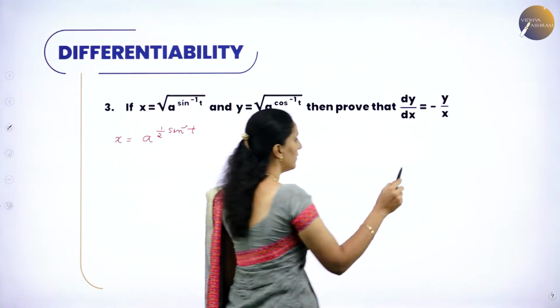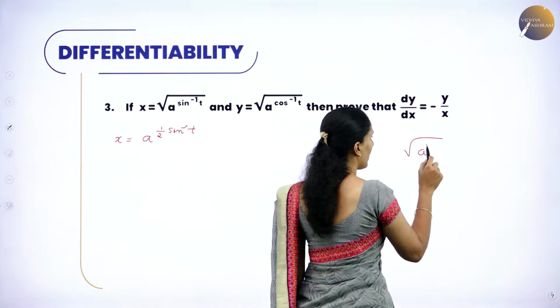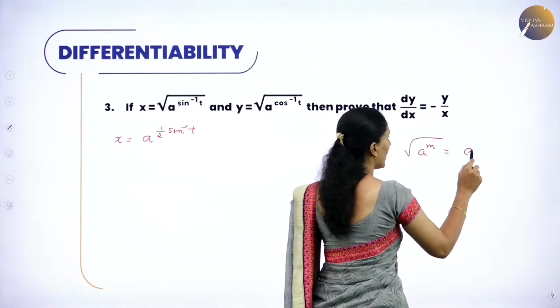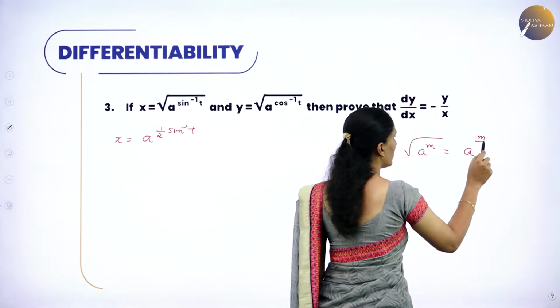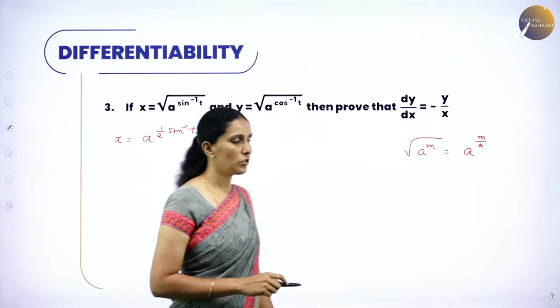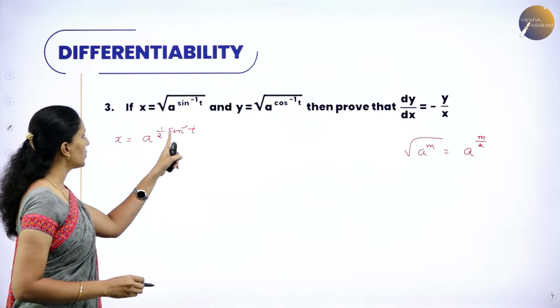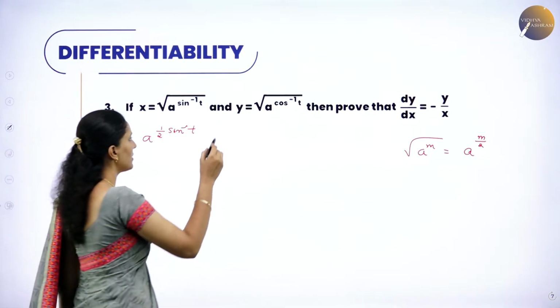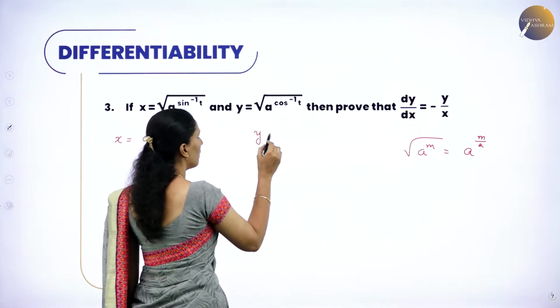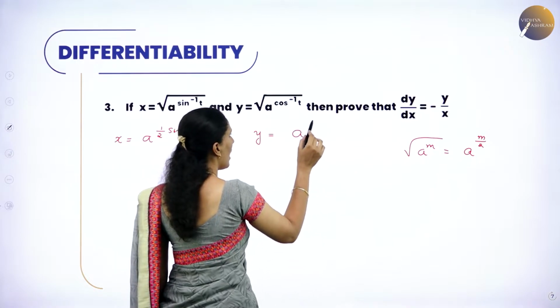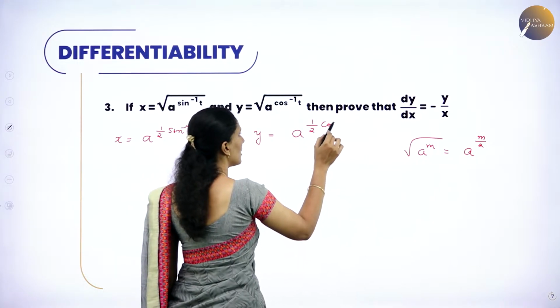When you have root a power m, it can be written as a to the power m by 2, that is half into m. So that is why here half into sine inverse t can be taken. And similarly we can write here y is equal to a to the power half cos inverse t.